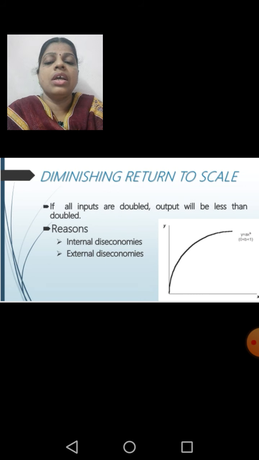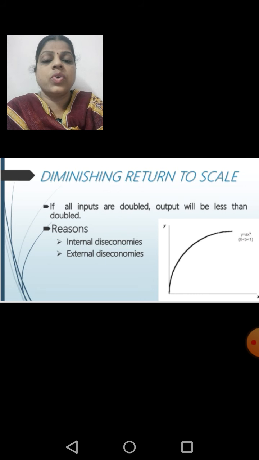Here, if all the inputs are doubled, the output will be less than double. That is diminishing returns to scale. And what are the reasons for that? Internal diseconomies and external diseconomies. These are the two reasons for diminishing returns to scale.